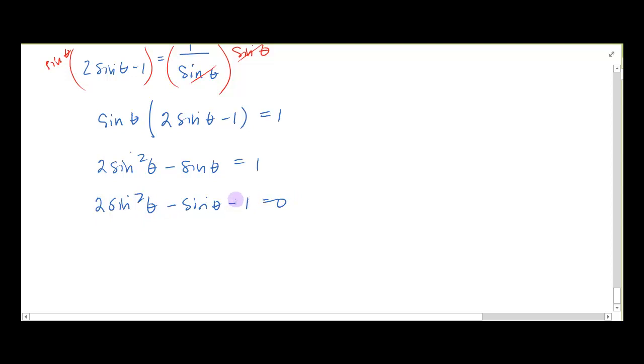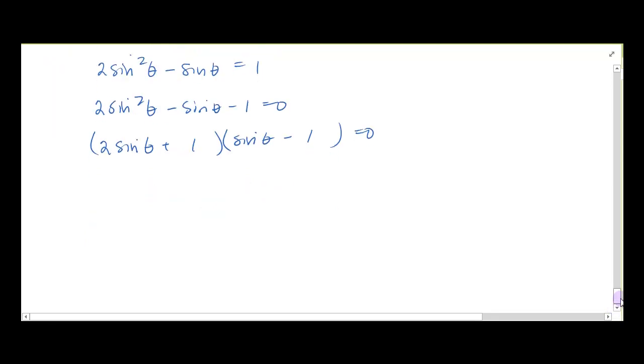Okay, if we factor this, we see that this is going to factor into 2 sine theta plus something and just sine theta minus something, and this has to be a plus 1 and a minus 1. Let's see if I have the minus sign in the right spot. This is a negative 2 plus 1 gives me a negative 1. So just by chance, I did it right the first time.